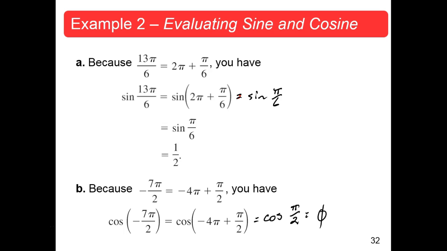Now, for sines and cosines, the period is 2 pi. We haven't gotten there yet, but for tangent and cotangent, the period is pi. So minus 3 pi would have worked if this was a tangent function. But for a sine or cosine, you need an even multiple of pi. Which made this sort of artificial. I mean, that's really stretching it.